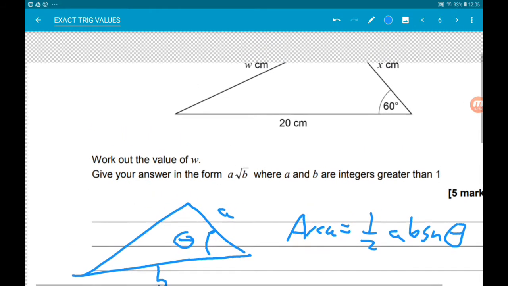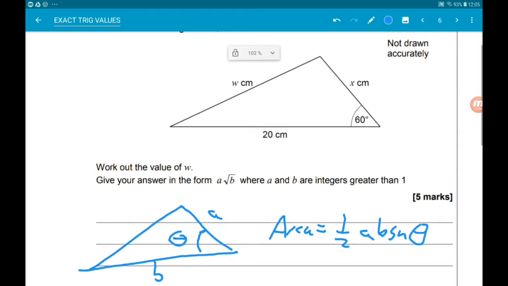Okay, so that is what we're going to use to find x. So I'm going to clear it up, so make sure you've got it down.